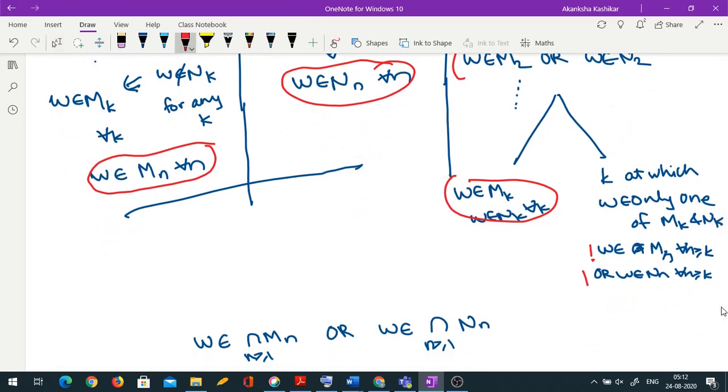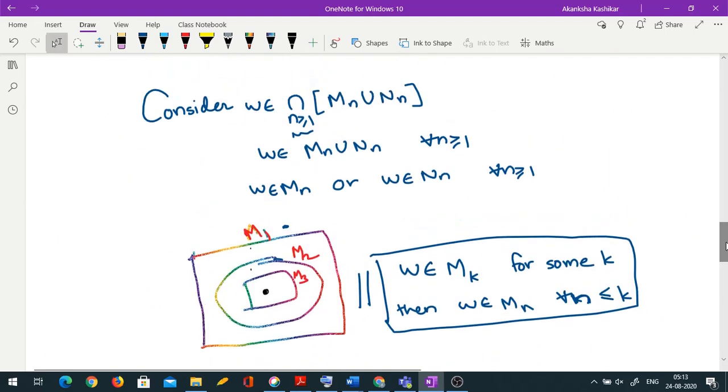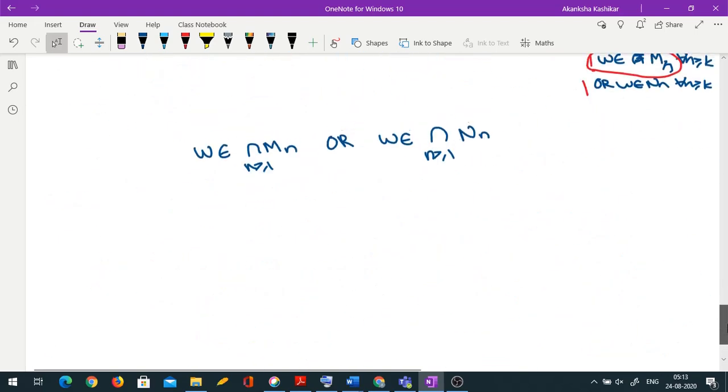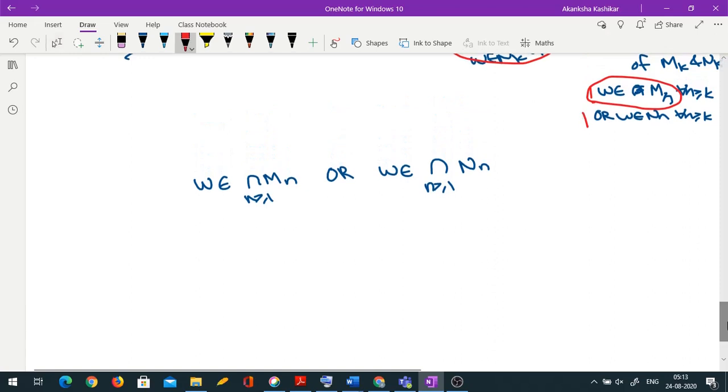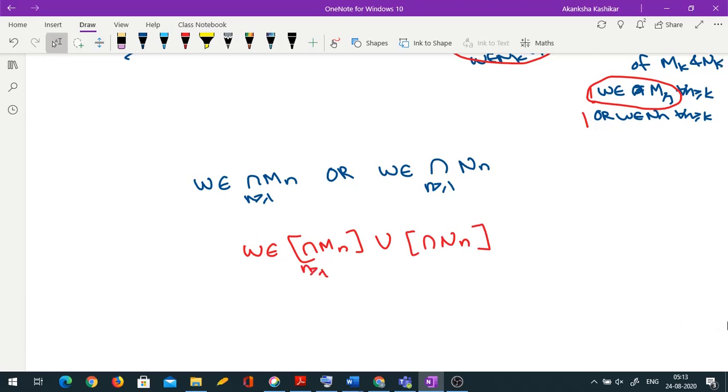In any case, if it's in Mn's, then combining this with the earlier thing that up to k it was in both, I get it is in the total intersection. So this means that omega belongs to the intersection of Mn union the intersection of Nn. And this is exactly the RHS that we were looking for.